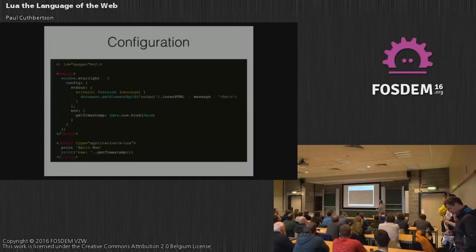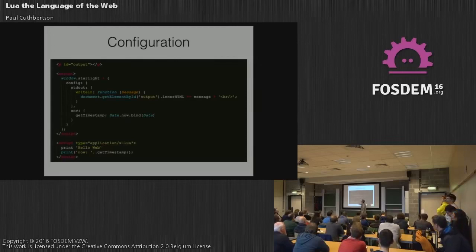So how do you configure it? You can configure how the standard out is directed, but also, and this is probably more important, you can import your JavaScript code or your JavaScript functions into the Lua environment, and then just run them in Lua.